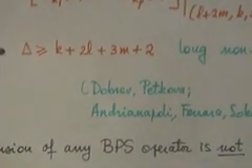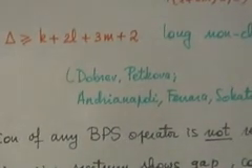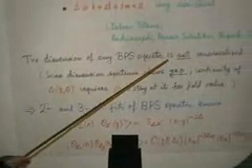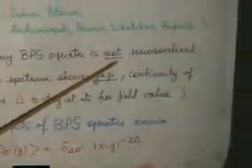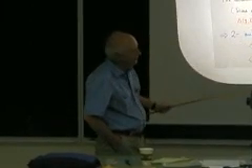So I want to end by saying that just as in the case of Poincaré supersymmetry, the mass of any of these BPS operators is not renormalized. I'm sorry, the dimension of any of these BPS operators is not renormalized, by the same argument. Okay, and this I'm going to get to later.